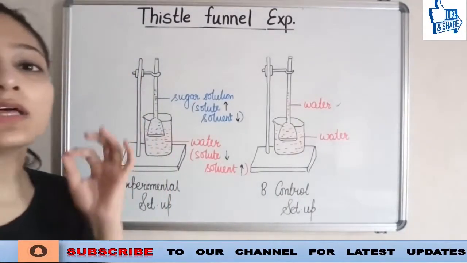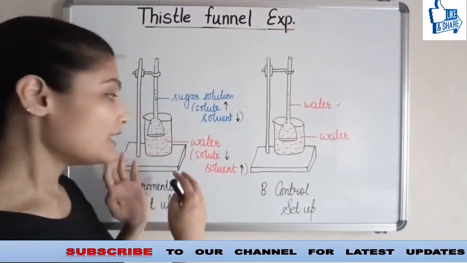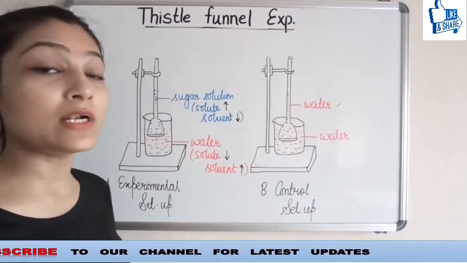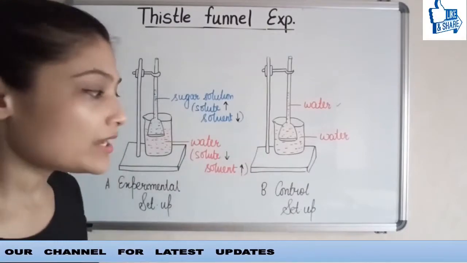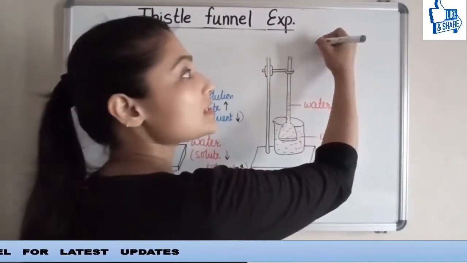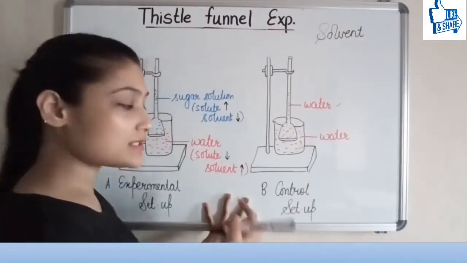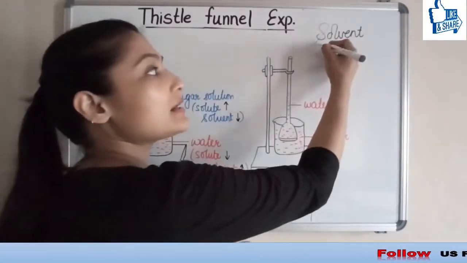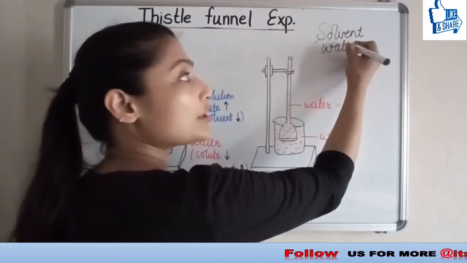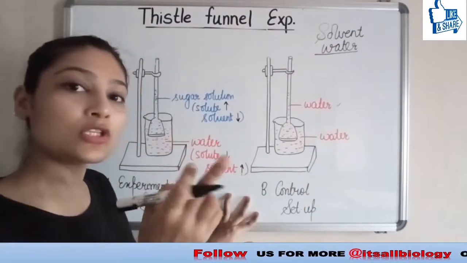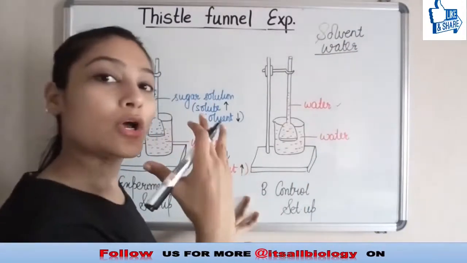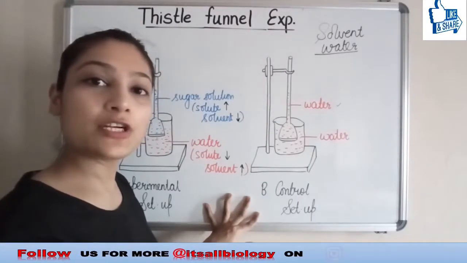Coming back to the experimental setup, let's see how osmosis will take place here. We discussed that in osmosis there is going to be movement of solvent particles. Here the solvent particles are water, so we will be talking about the movement of water. Movement is going to be from where to where?